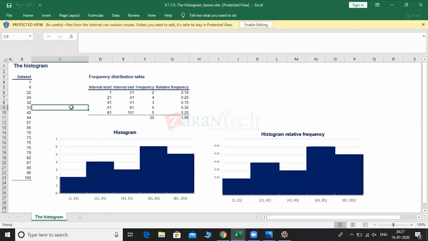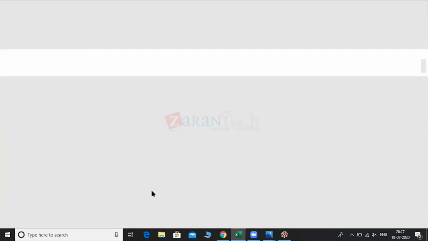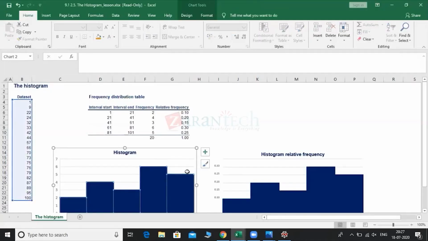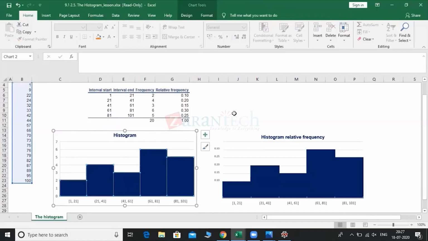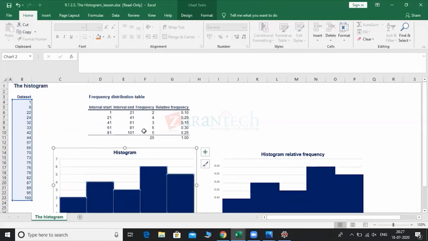Now, for continuous variables, there is one more way of representing, which is called histograms, right? Histograms are nothing but essentially what we are trying to do is just on the charts, like we have done it for bar charts in this case.